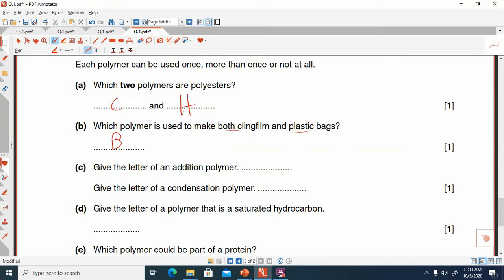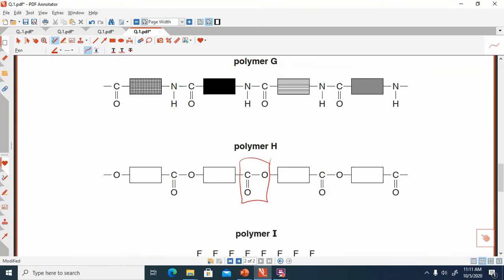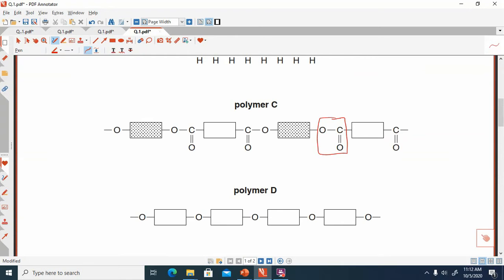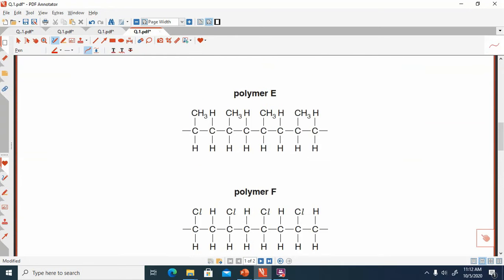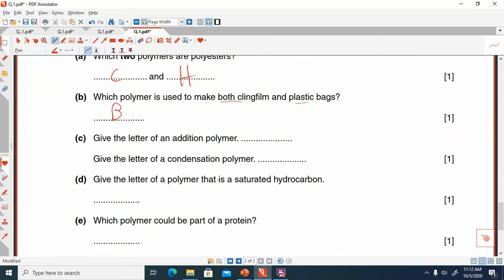Now what about C? Give the letters of the addition polymers and the letters of the condensation polymers. These are polymers formed by addition polymerization and condensation polymerization. For addition polymerization, you can write B and F and E, right, and I also.